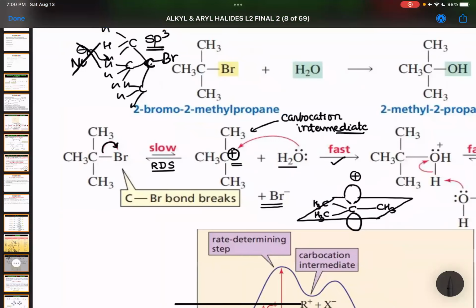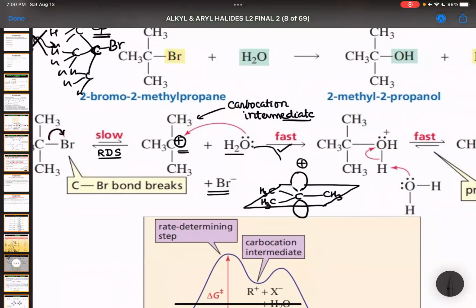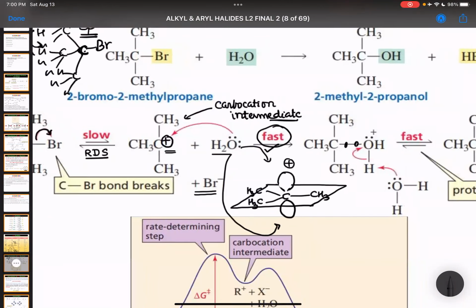Now there is a lot of space available for the attack of the nucleophile. The nucleophile can come and join from both the sides. It is trigonal planar, right? The nucleophile comes and shares its lone pair, and this is going to be an easy step because there is a bond formation. It can happen very quickly.